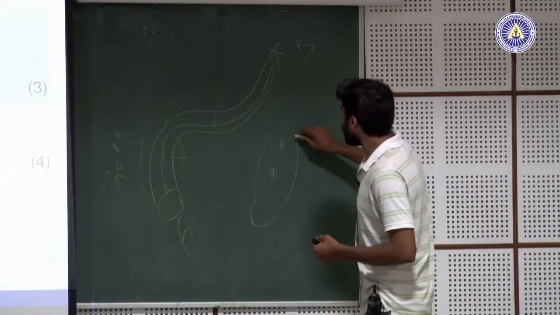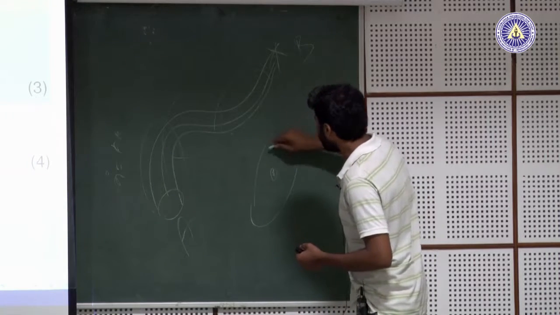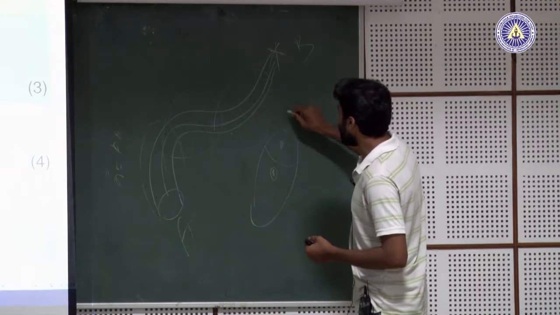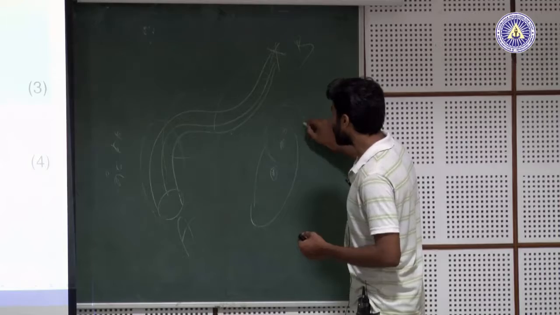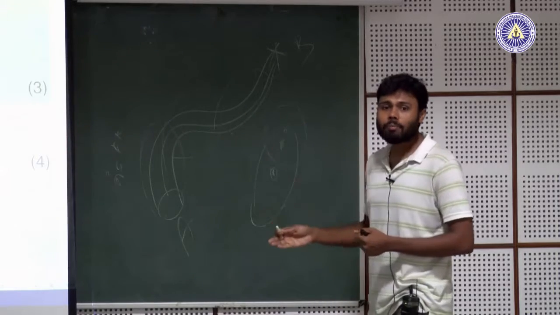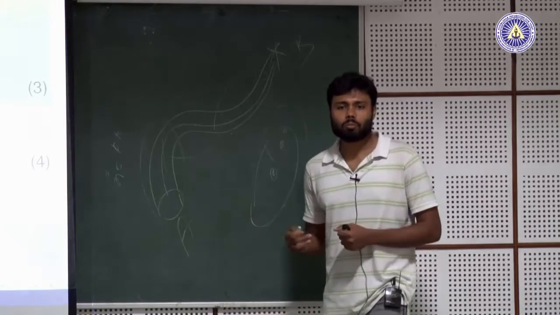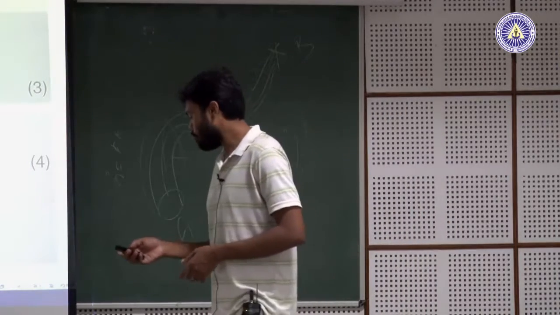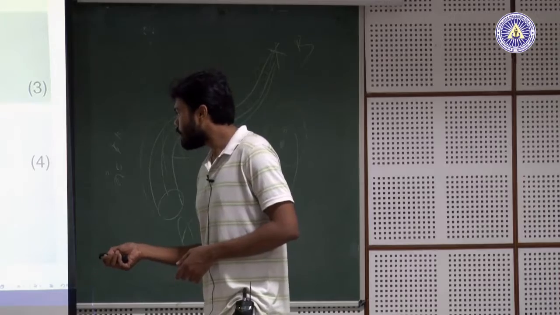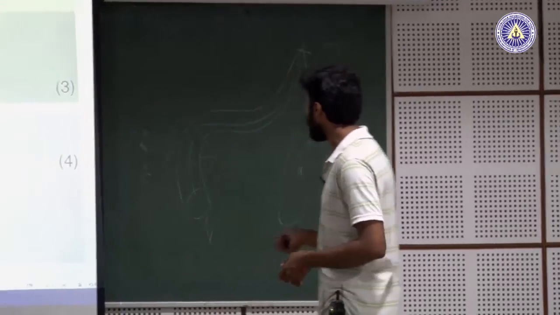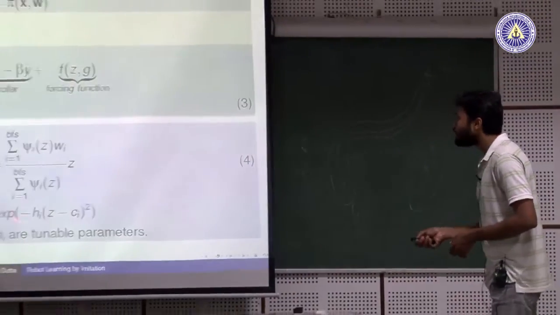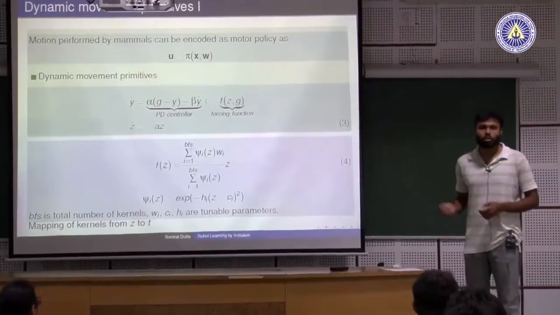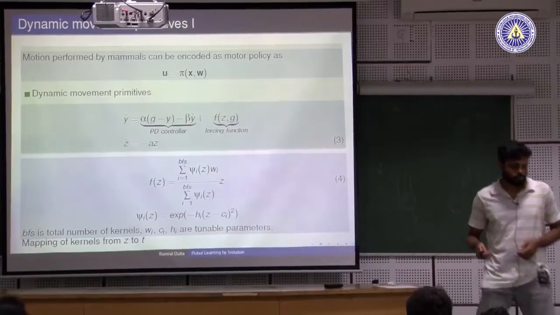If another model was close to its center, the weightage of that model was greater than this one. So firing means which model is more active in that region. That is about firing, and this C is basically the centers, and here H is sort of the variance of that Gaussian kernel.